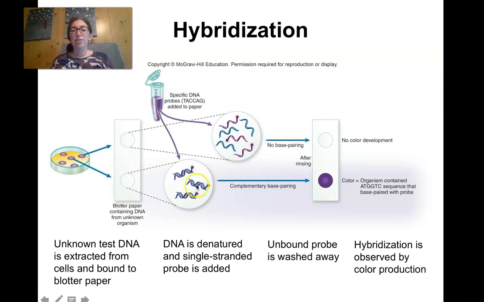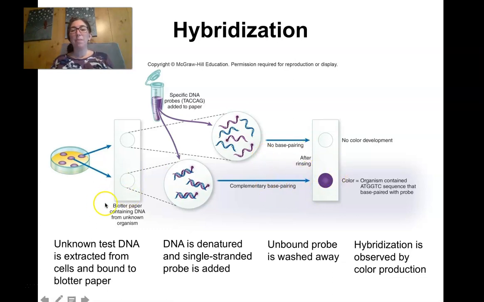These probes are basically DNA primers, but they have a little attachment to them. They're chemically fused to either an enzyme or a fluorescent molecule or a radioactive molecule, something that's going to allow visualization in the end.